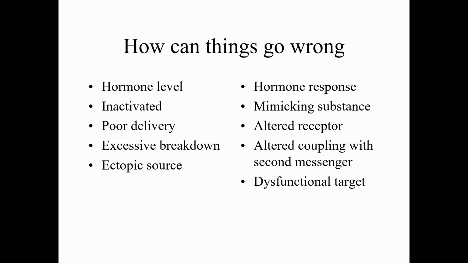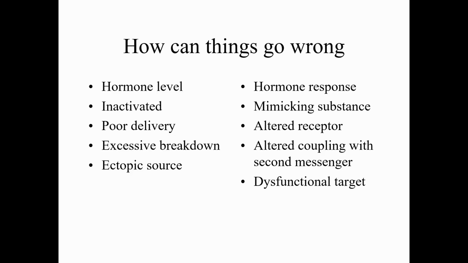Maybe there's something wrong with the receptor and now the hormone is unable to cause the appropriate physiologic response. Perhaps you have hormone, it's binding to the receptor, but the receptor is not activating the intracellular mechanisms that allow the physiologic response to take place.